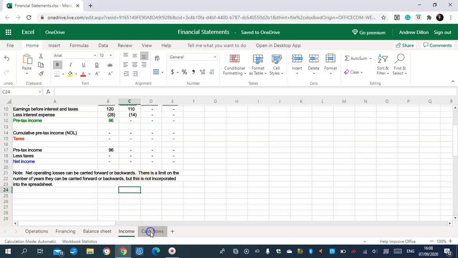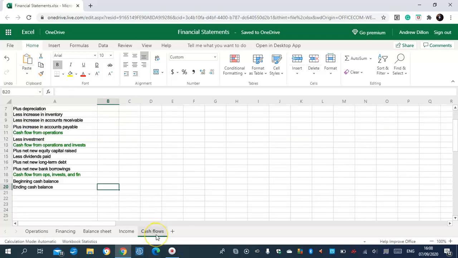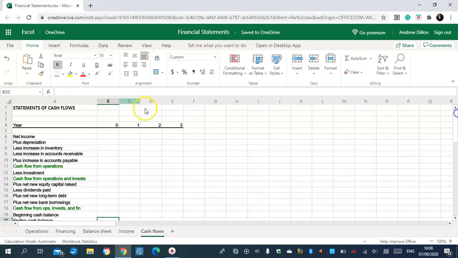Well, it looks like we're on one last spreadsheet left. It is called cash flows. And net income is the first step to calculate in the cash flow sheet.